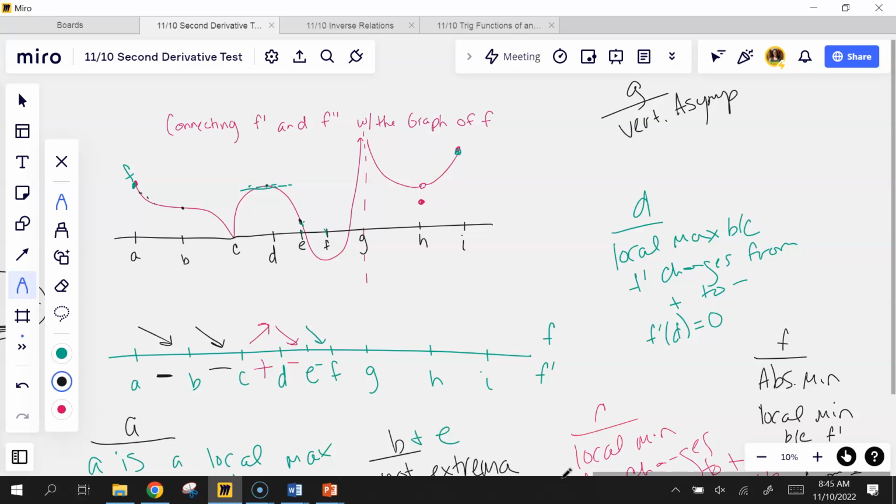So if it's not continuous there, it's not differentiable, right? So there is no derivative there. So it can't be a critical point, can't have any type of extreme value, can't be extrema. It's not differentiable, it's not continuous, right? In fact, G is not even on my graph of F. Now the good one.